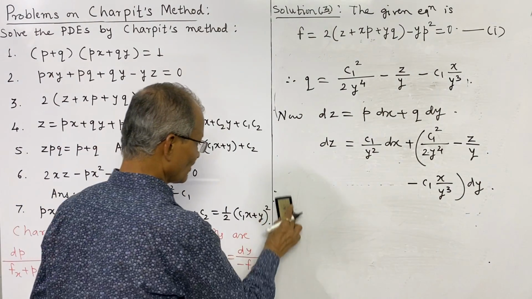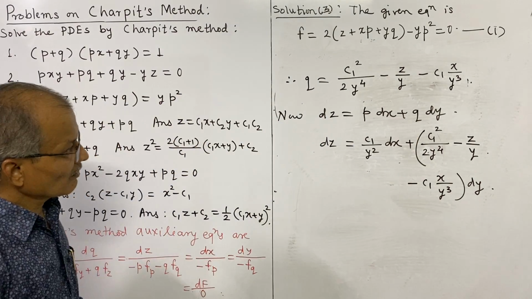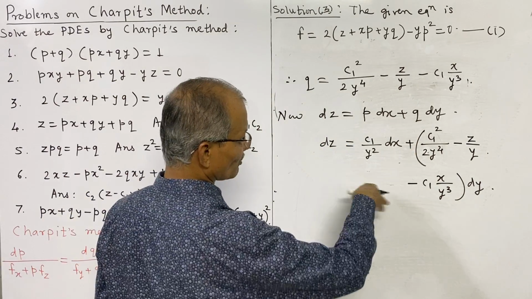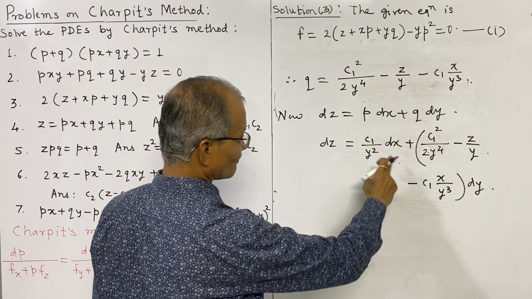From this, to express it in total differential form, we multiply throughout by y, because there is y in the denominator.